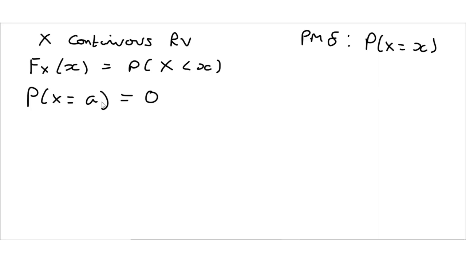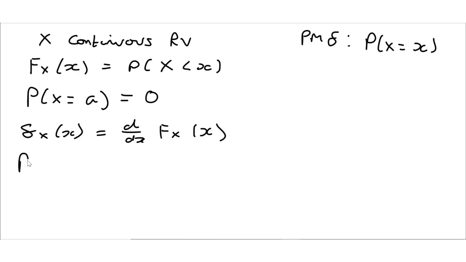Okay, so we define this probability density function, little f of x, and that's just the derivative of the cumulative distribution function. Okay, now using these functions we can find certain probabilities.